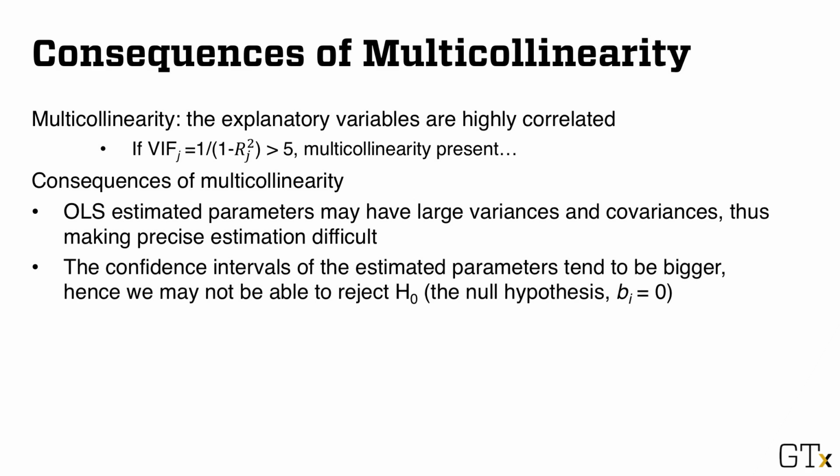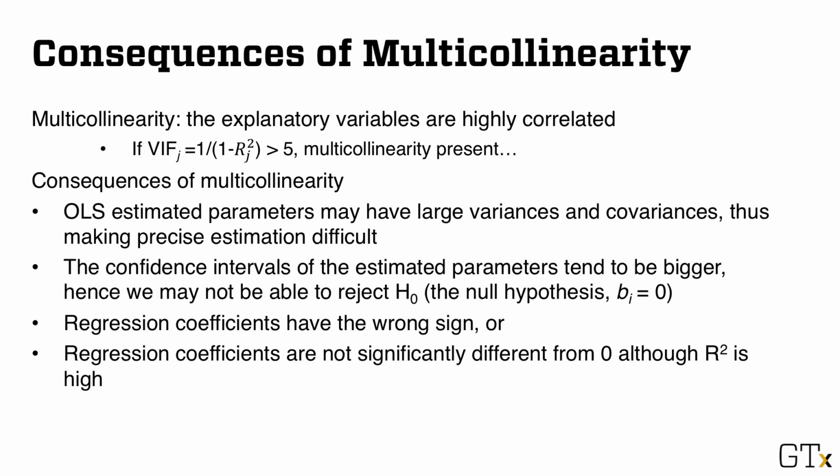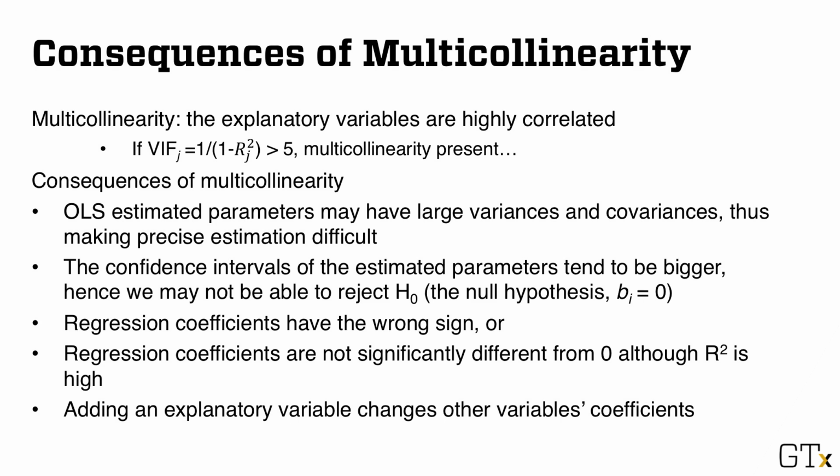The confidence intervals of the parameters tend to be bigger, hence we may not be able to reject the null hypothesis. The regression coefficients may have the wrong sign, or the regression coefficients may not be significantly different from 0, though r squared is high. So, adding an explanatory variable may change other variables' coefficients.